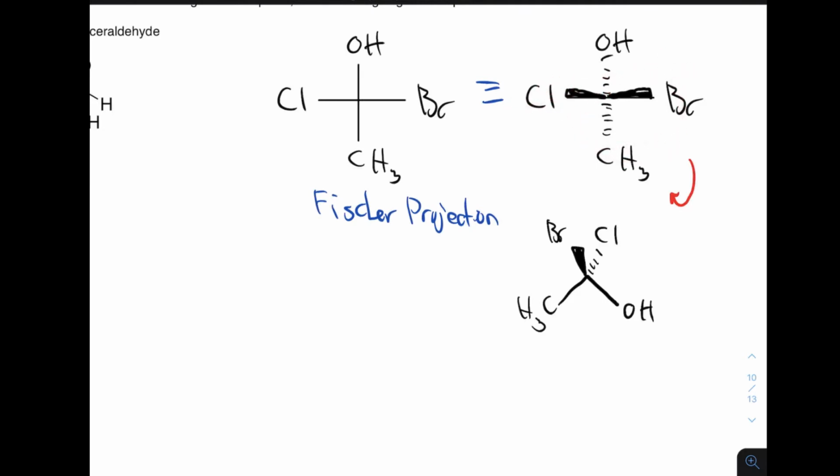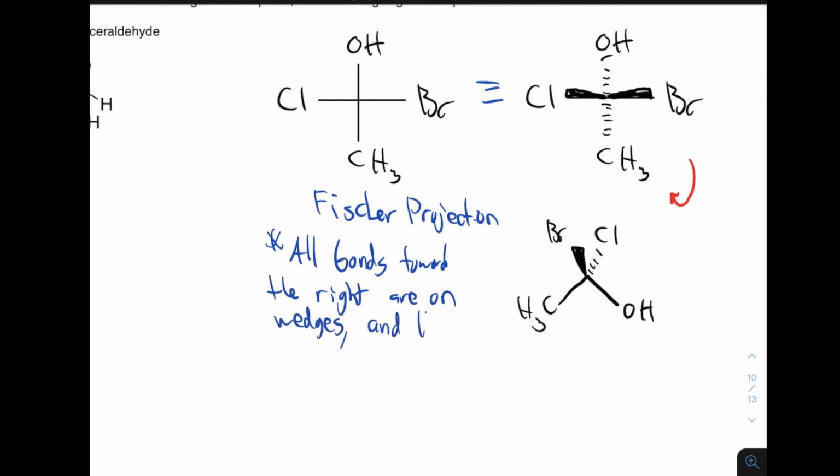So it's dashed. And so the way to think about this, that might just be the easiest to remember, is looking at this Fischer projection up top. All bonds toward the right are on wedges, and all bonds to the left are on dashes.